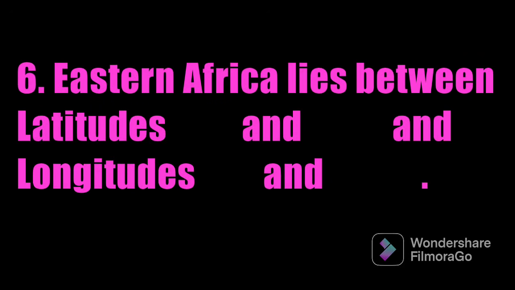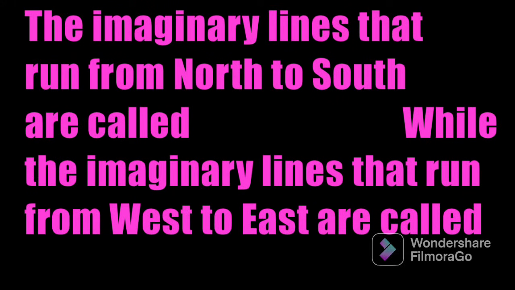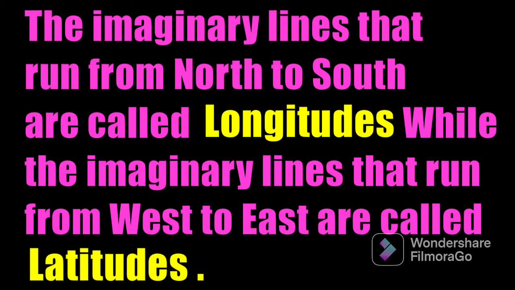Eastern Africa lies between latitudes 23 degrees north and 12 degrees south and longitudes 22 degrees east and 52 degrees east. The imaginary lines that run from north to south are called longitudes, while imaginary lines that run from west to east are called latitudes.